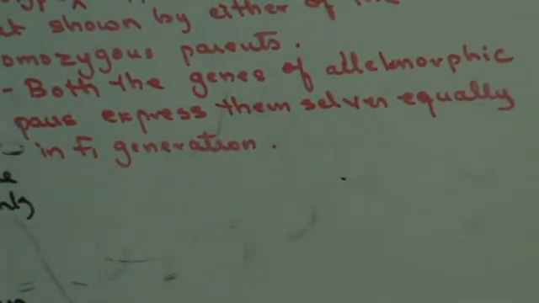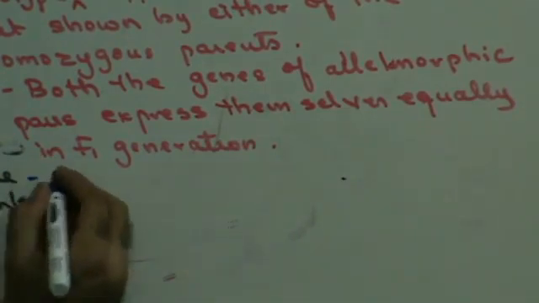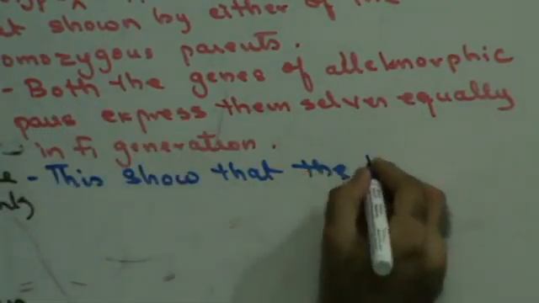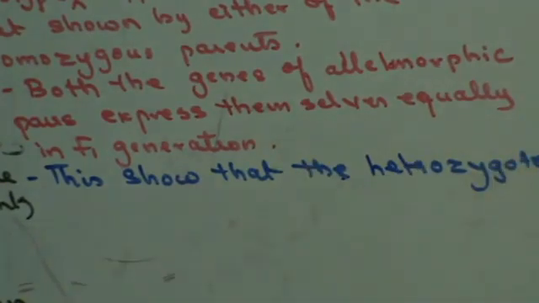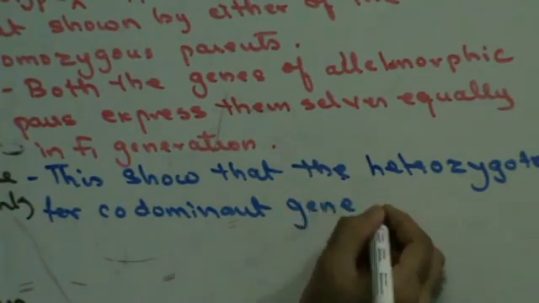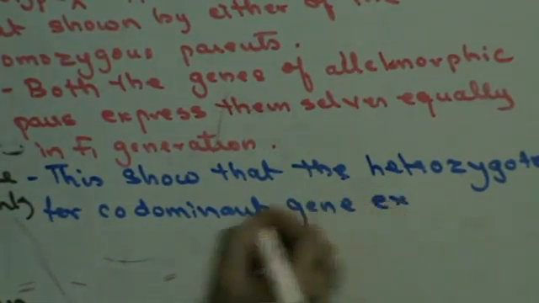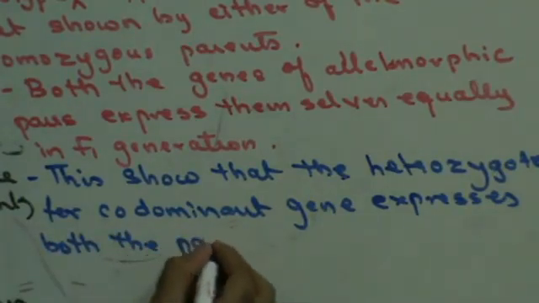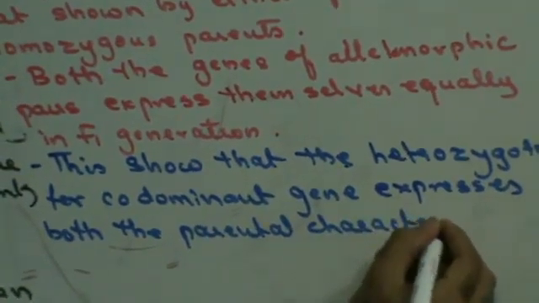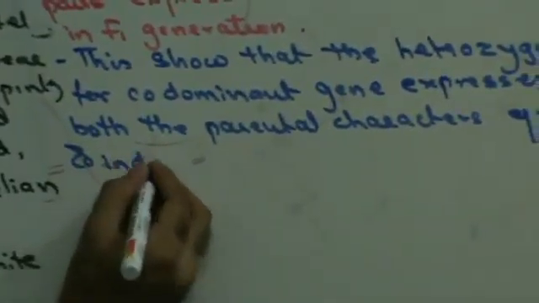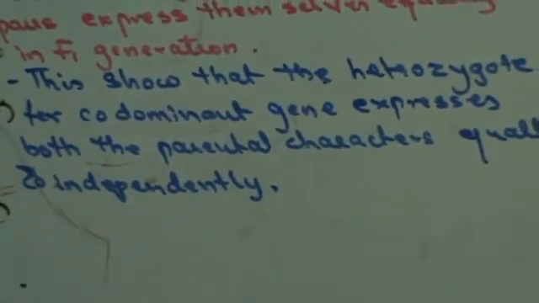This shows that the heterozygote for the codominant gene expresses both the parental characters equally and independently. Both the characters are shown in the F1 generation.